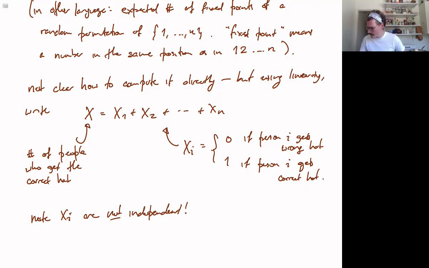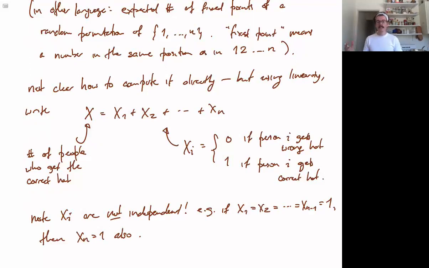Just to illustrate this, for example, if x1 and x2, if all of them up to x(n-1) are 1, which is to say these people all got the correct hat back, well, then there's only one hat remaining, and it must belong to the last person. So xn equals 1 also.